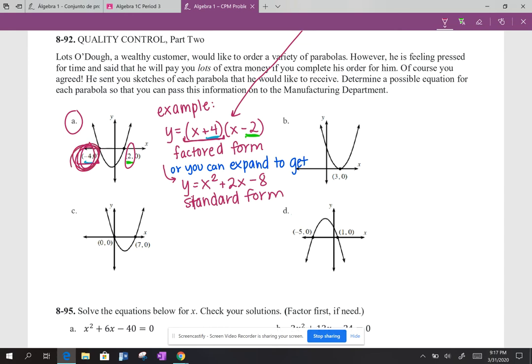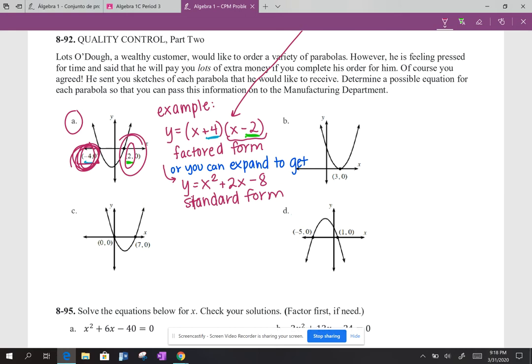Because if I set x plus 4 equal to 0, and I solve for x, I'm going to get x is equal to -4, which is one of my x-intercepts. Same idea for the other part of this equation. Why does x minus 2 go with 2, 0? Because if I set x minus 2 equal to 0, and I solve for x, I get x equals 2, which is my x-intercept, okay?